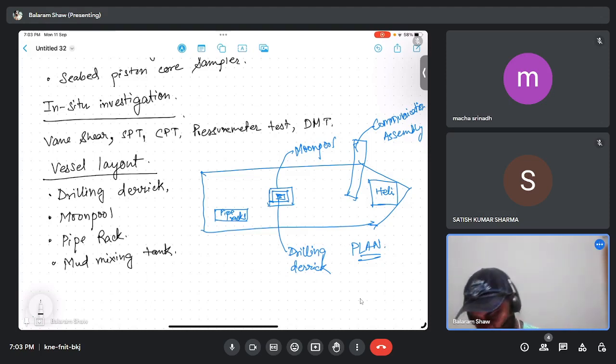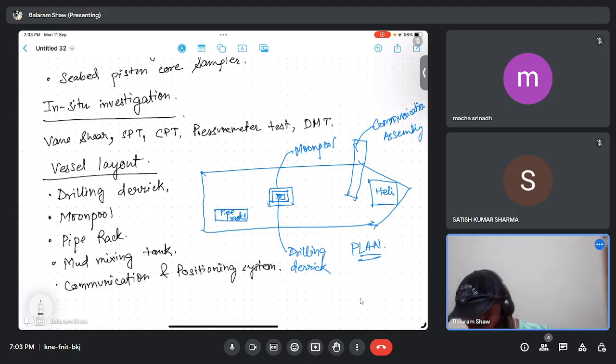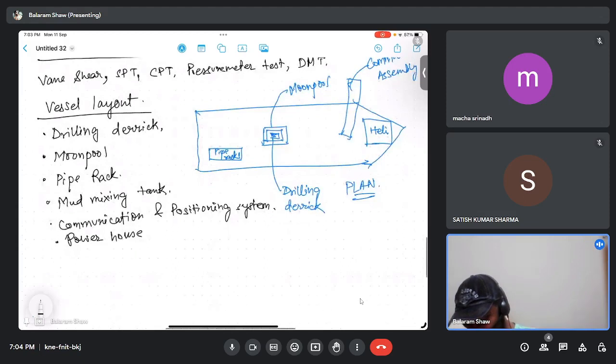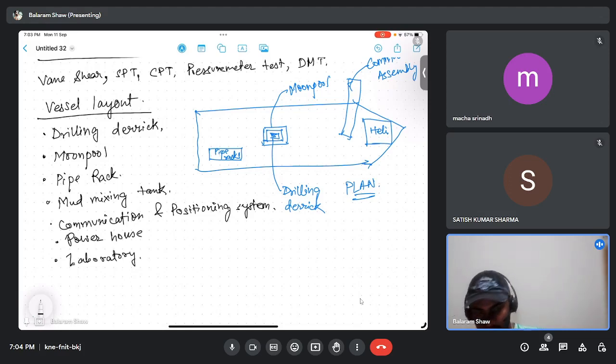Then we have a communication and positioning system, or assembly, to communicate. Then we will have the powerhouse. Then we'll have a place where people can stay also. That I'll show, I have one picture also. Then we'll have a lab where we can do simple small tests.